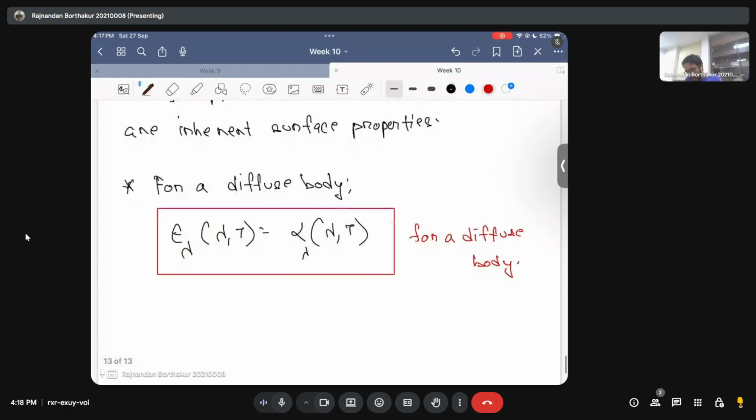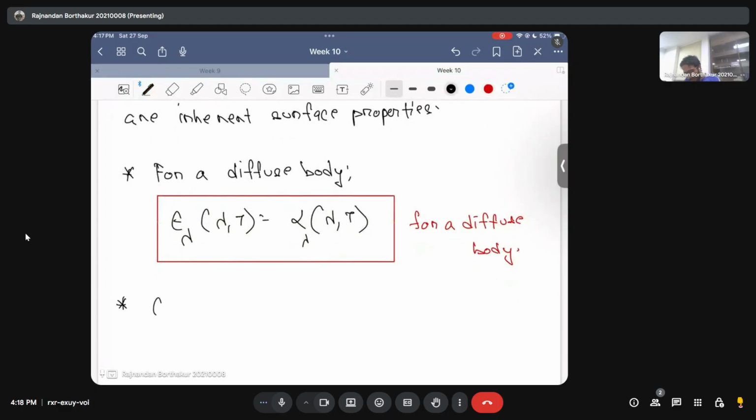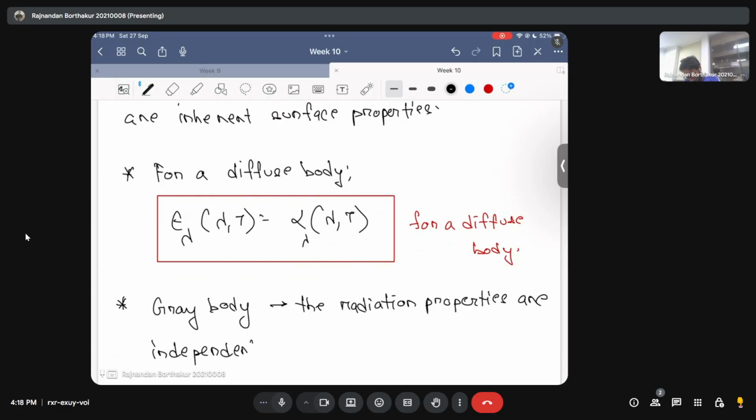Now, there is also something known as a gray body, and for a gray body, it means that the radiation properties are independent of wavelength as well.